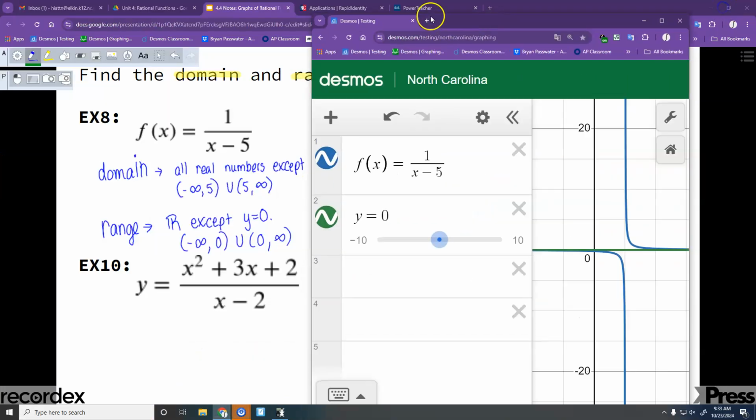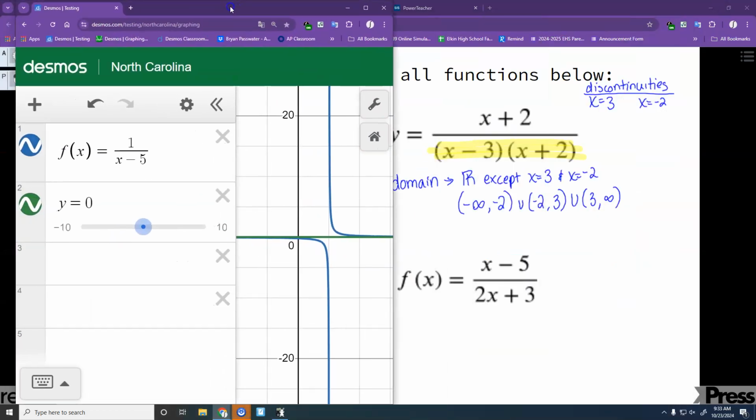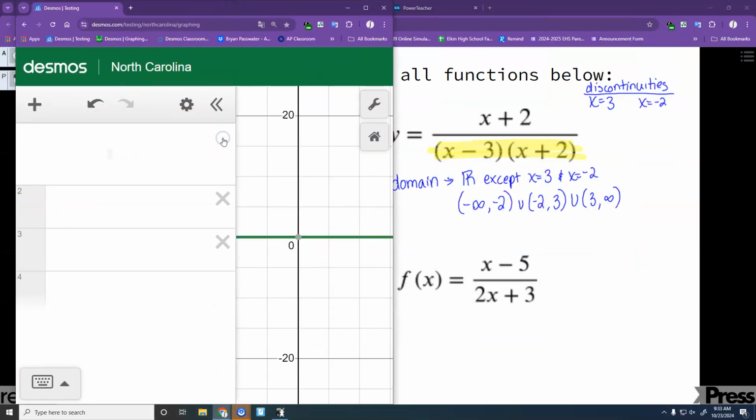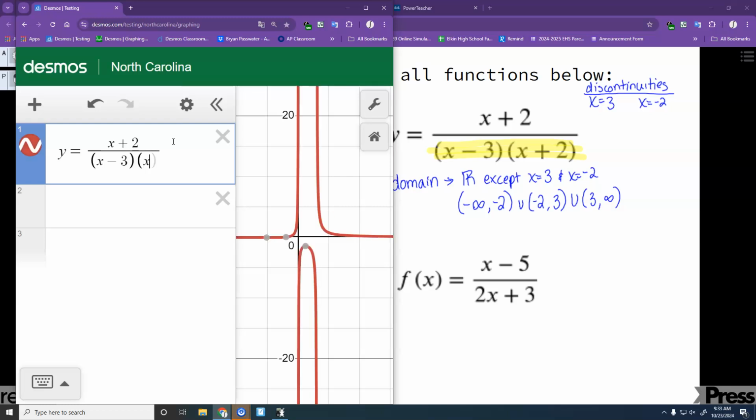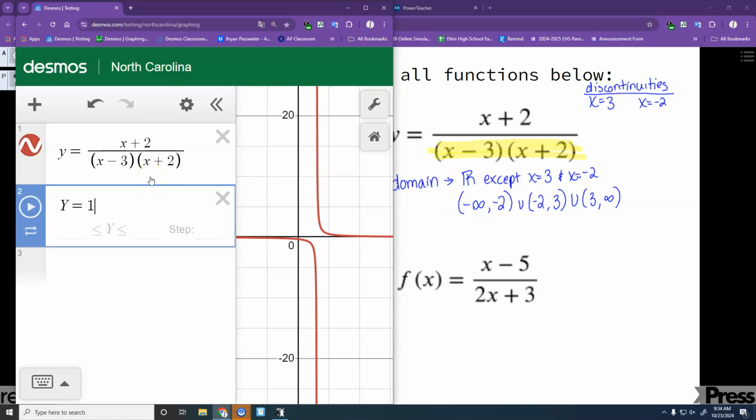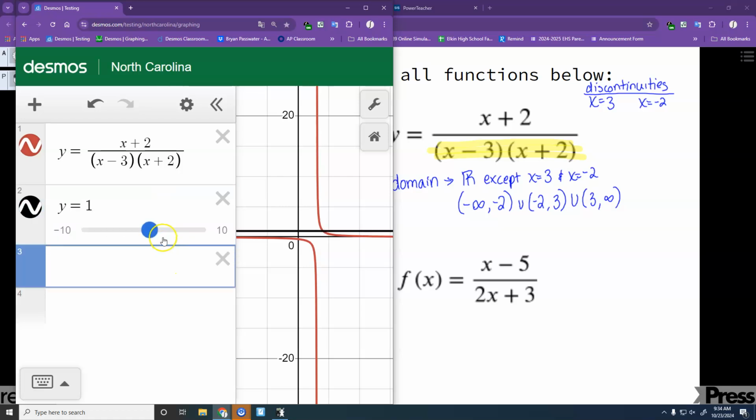Okay? All right, let's look at our graph on that one for our range. So we've got y equals x plus 2 over x minus 3 times x plus 2. And if I do y equals a number, not capital Y, it'll put a slider here. There's going to be a lot of times one that's really hard to see here.